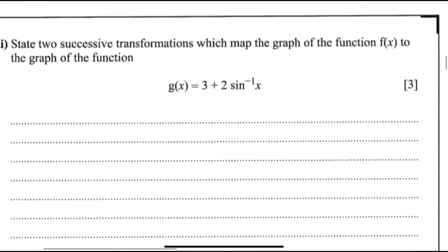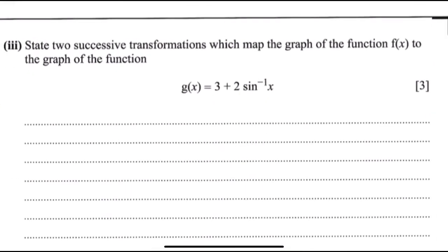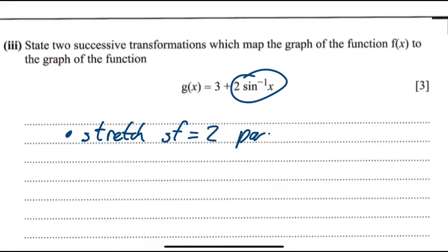Okay, state the 2 successive transformations which map your graph of sine to the minus 1 onto this thing. So you're getting 3 marks here. I'm guessing your 3 marks were for the 2 transformations and getting them in the correct order for the 3rd mark. So the first thing you're doing is you're multiplying this by 2. So that means that's a stretch scale factor 2 parallel to the y-axis. So that's a stretch vertically, scale factor 2 basically.